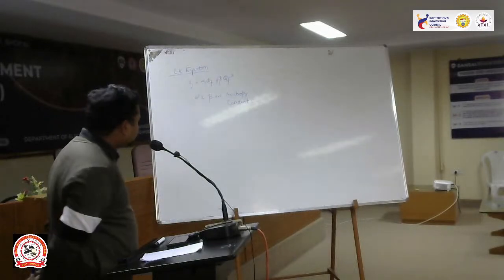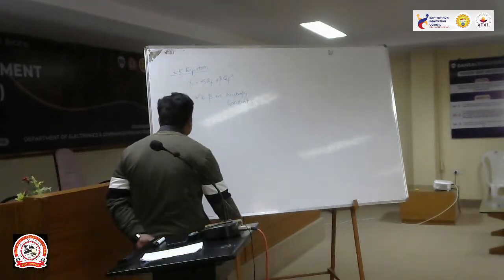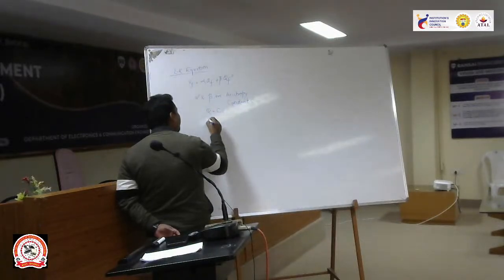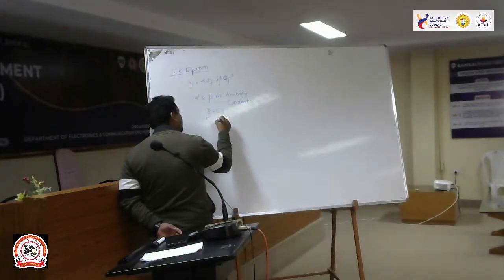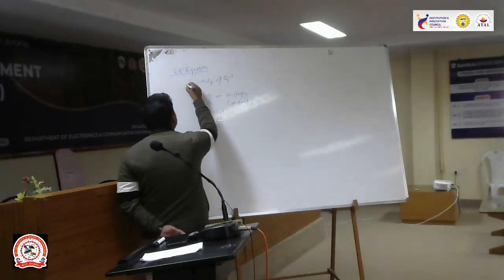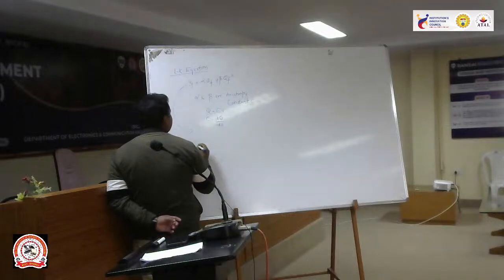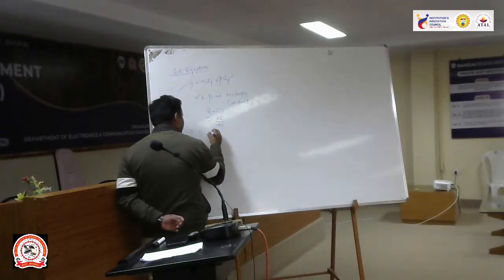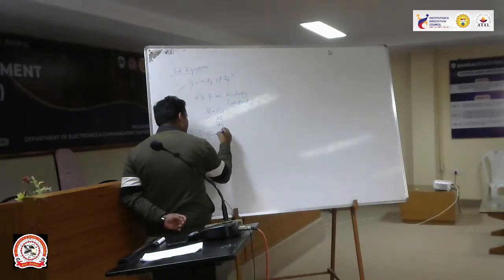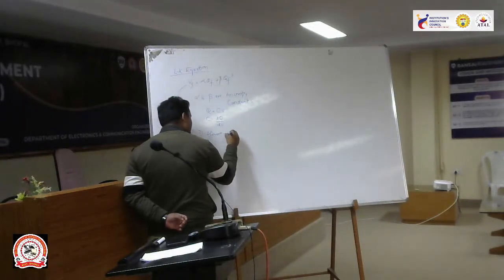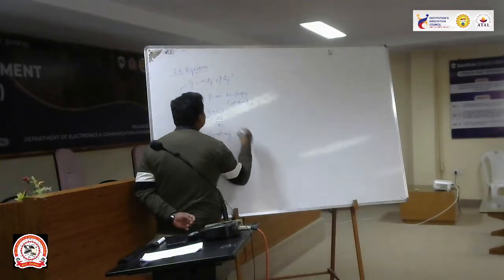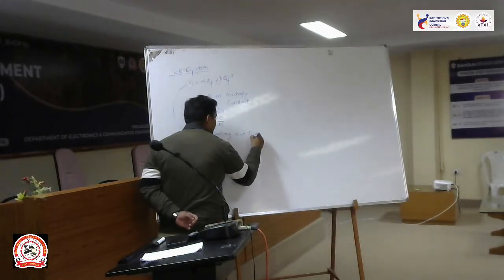Now, as we all know, Q equals CV, so I can write C equals dQ by dV. What I am doing here is differentiating this particular equation with respect to Qf.